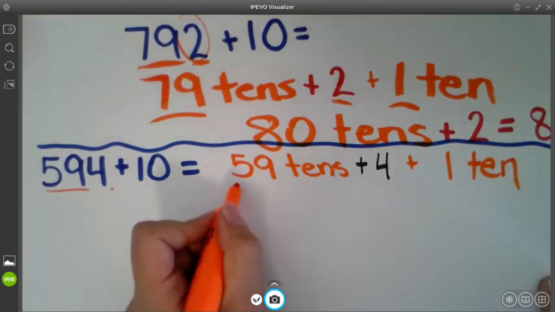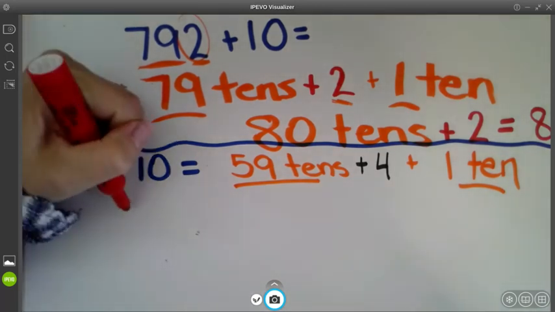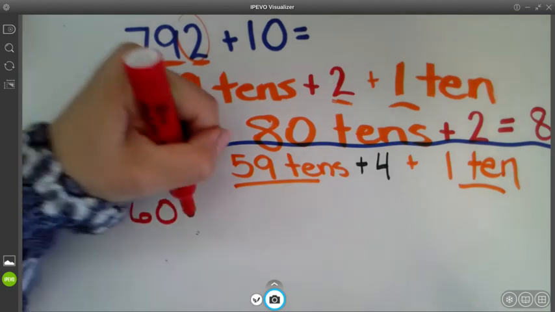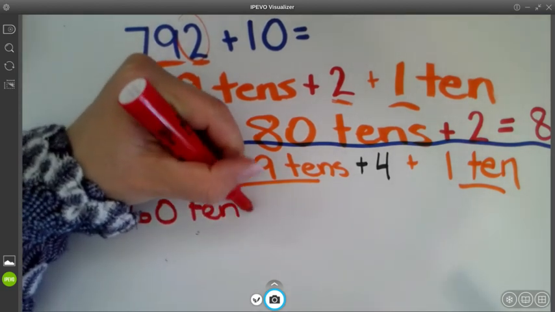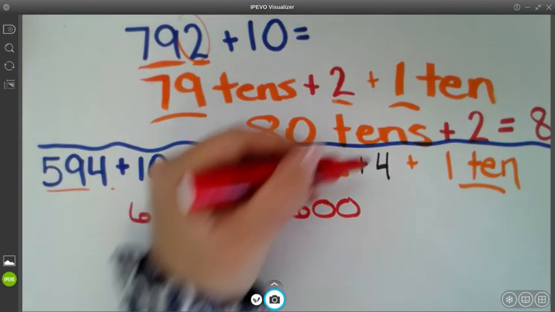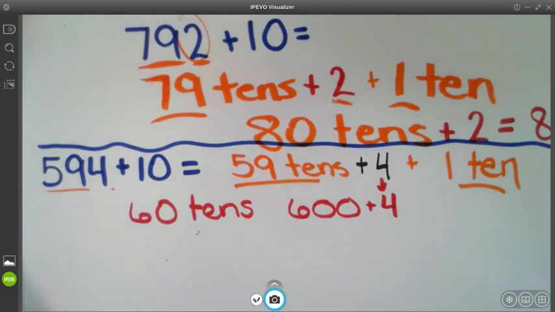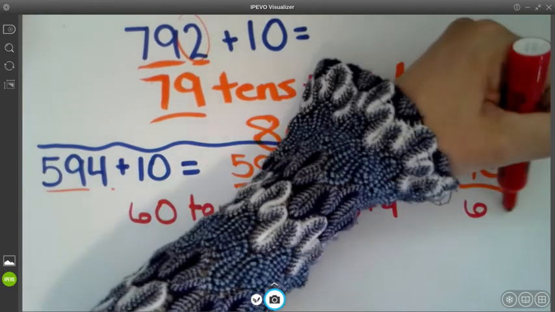So right here you can then add 59 tens plus 1 ten is 60 tens, which we know is 600. Then we just have to bring that 4 down. So it's 604.